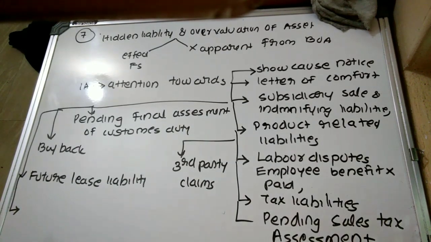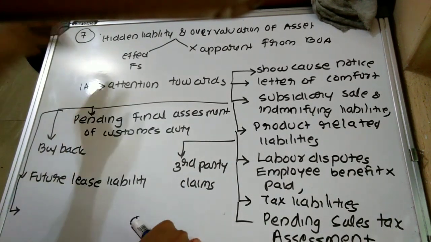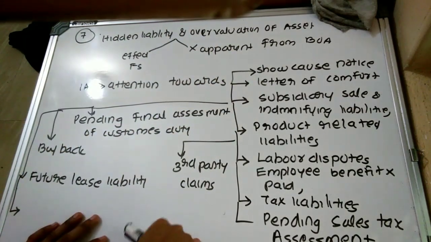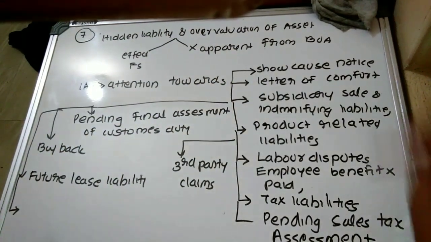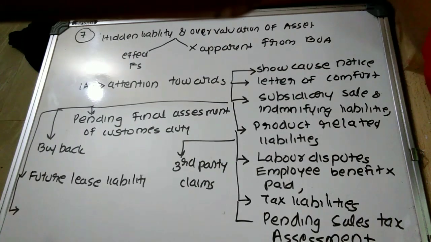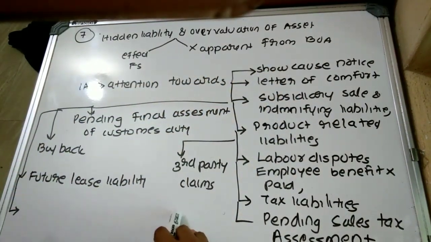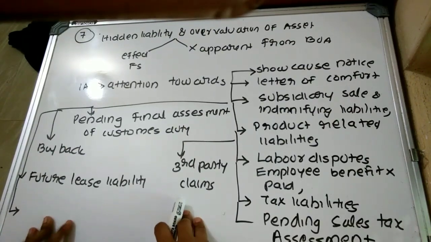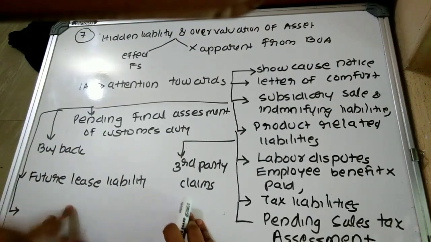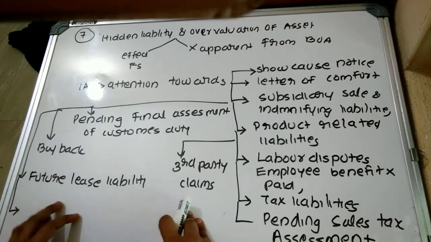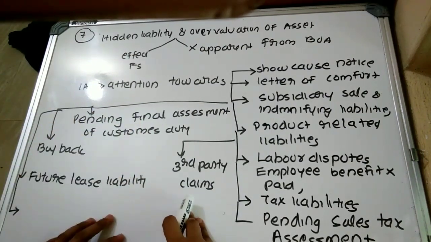So the investigating accountant, with respect to hidden liability, what should be done? He should pay attention to the following aspects. First of all, I have a question. Will these hidden liabilities and overvalued assets affect the financial statement, financial position, financial result?